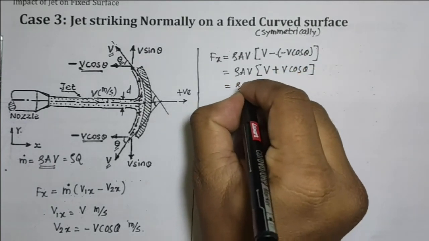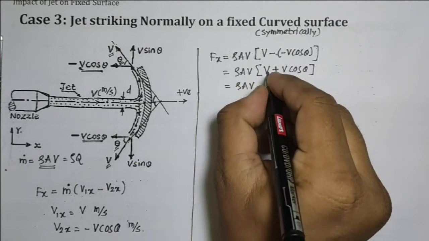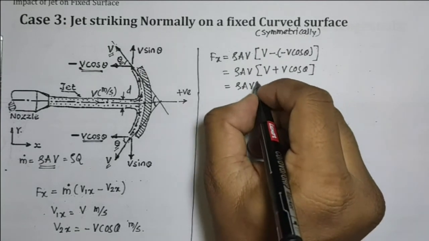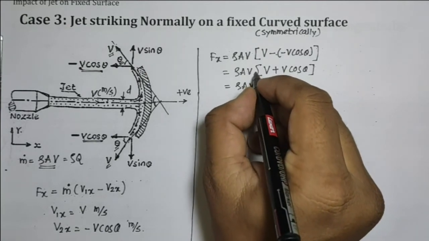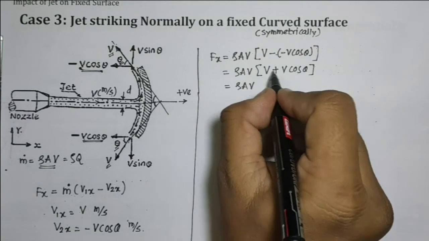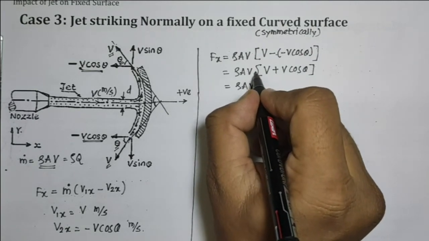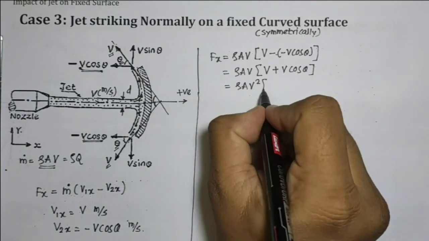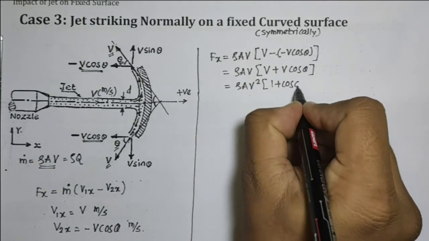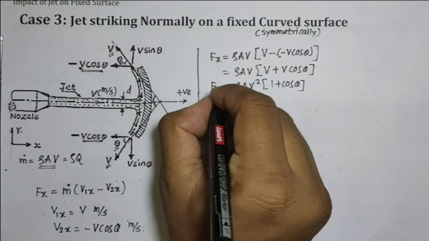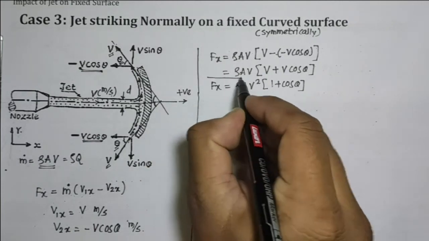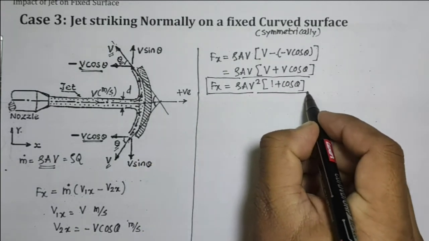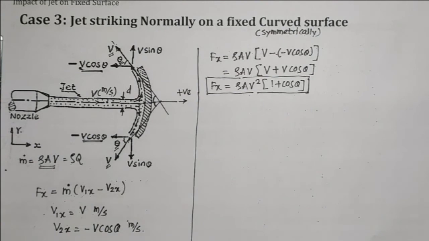This v can be taken out as a common factor from the bracketed quantity, and after taking it out the common v will become v square in bracket 1 plus cos theta. So this is nothing but Fx for a symmetrically curved surface. This is what we call Fx.